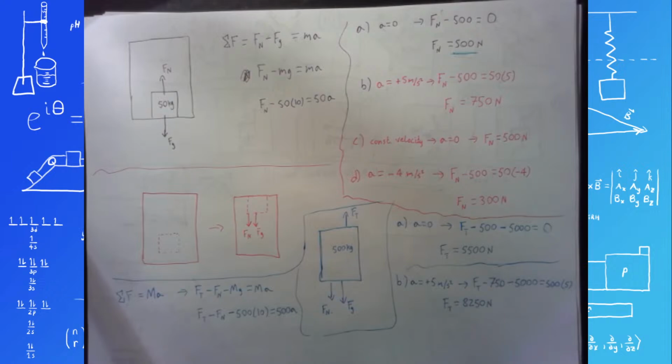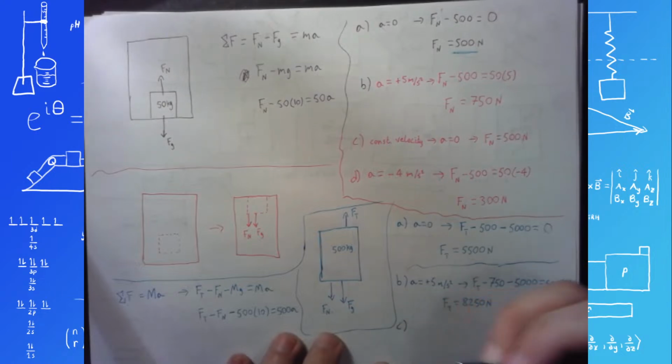Let me just double check with my calculator and make sure I didn't screw something up with my mental math. 500 times 5 plus 5,000 and plus 750. Yep, 8,250. Okay, just double checking. Part C, let's switch to another color.